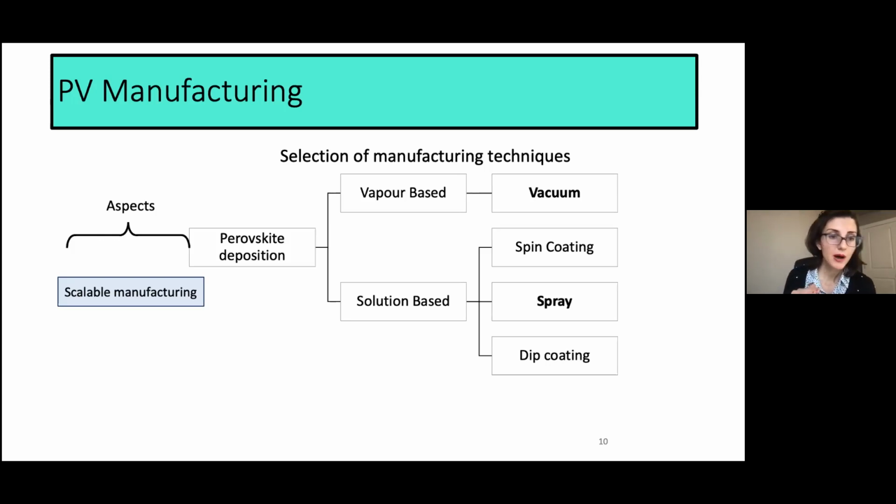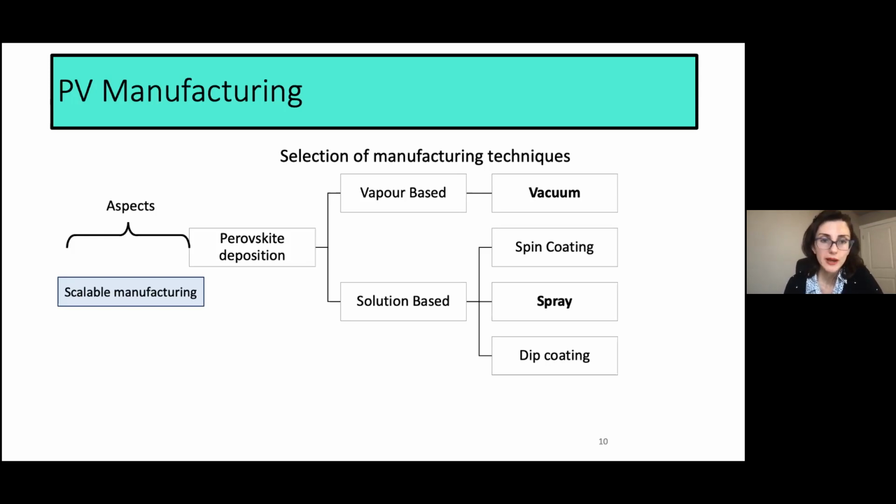Perovskite can be deposited on the glass layer by vapor-based methods or solution-based methods. In the vapor-based methods, vacuums are used, and for solution-based methods, there are spin coating, spray deposition, or dip coating methods available.